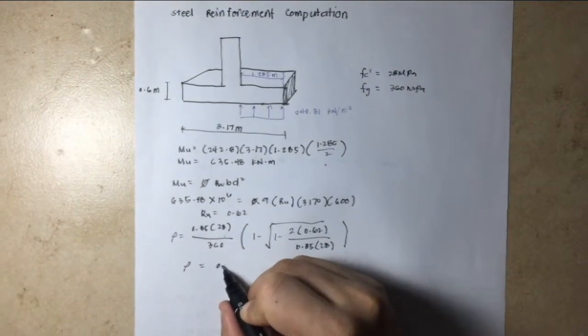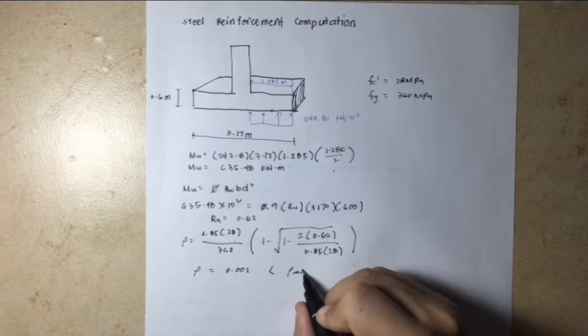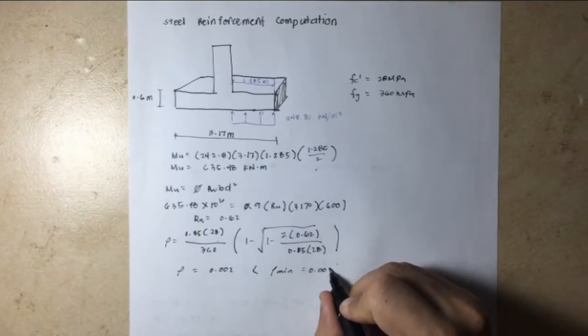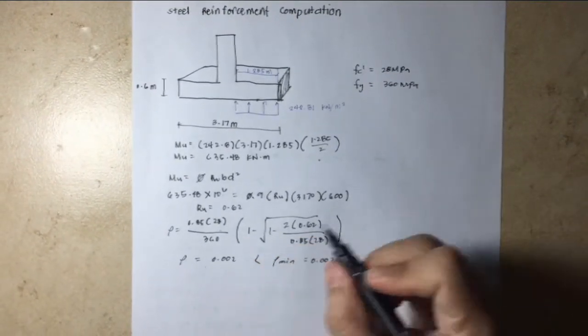Rho is equal to 0.002, which is less than the rho minimum, which has a value of 0.0039. Therefore, we use rho minimum.